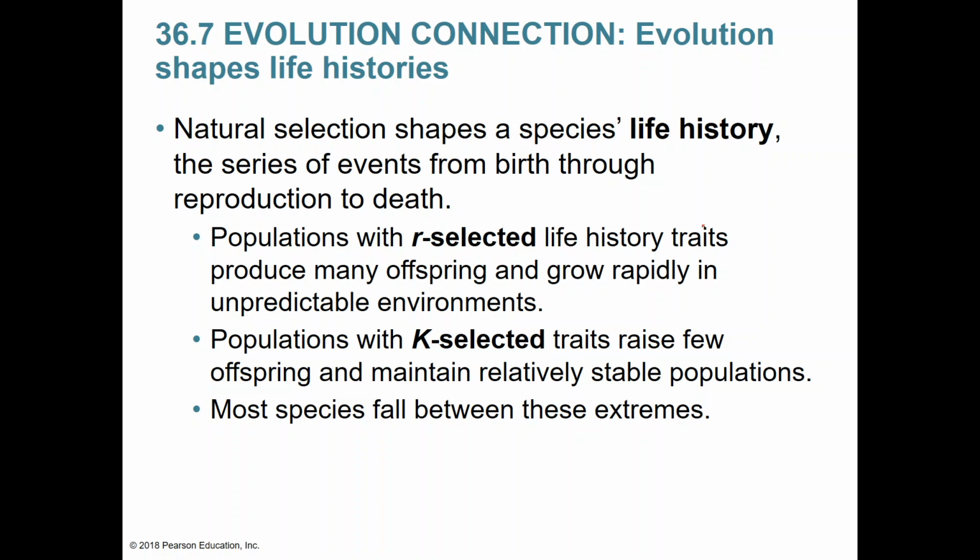Some species we refer to as R-selected, and their life history means they're more selected for reproduction. They're small-bodied, short-lived animals like insects and rodents, and even plants like dandelions, things that produce lots of offspring really rapidly, throw the offspring out into the environment, and then survival is based on the numbers.